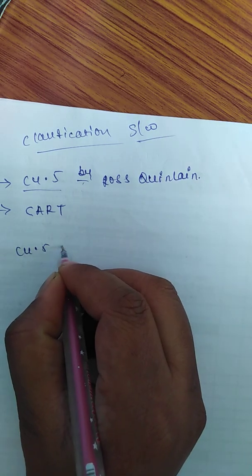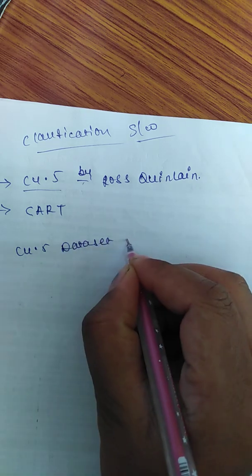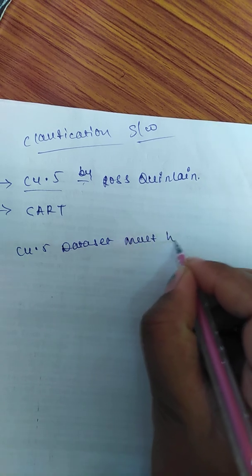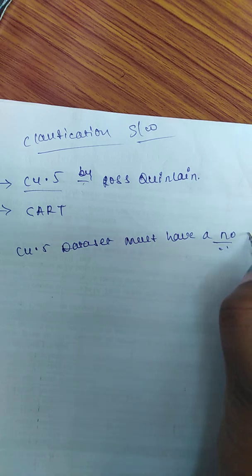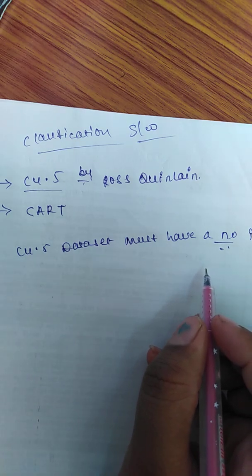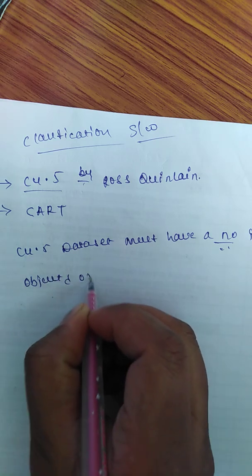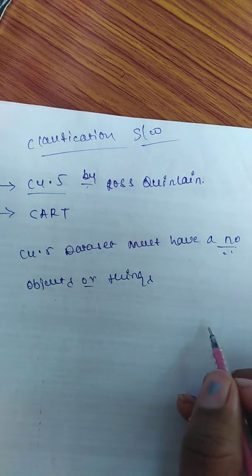For C4.5, the data set must have a number of instances of objects or things that we can use to represent, described by the number of attributes.